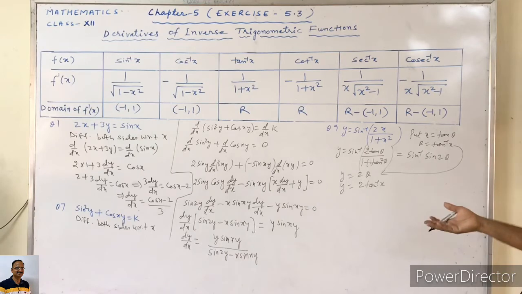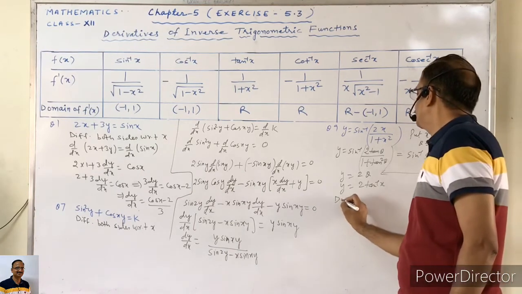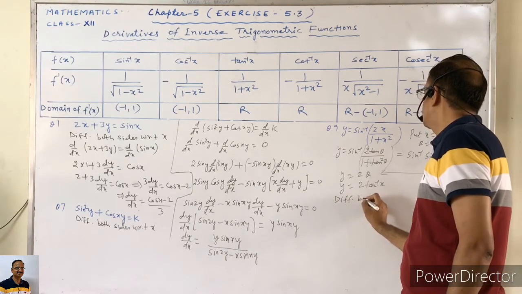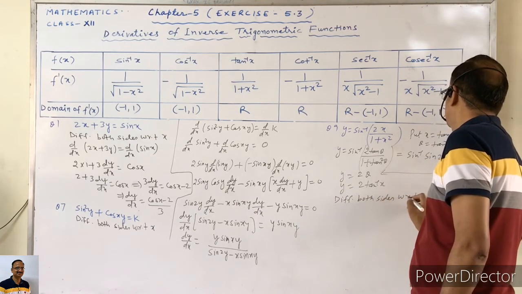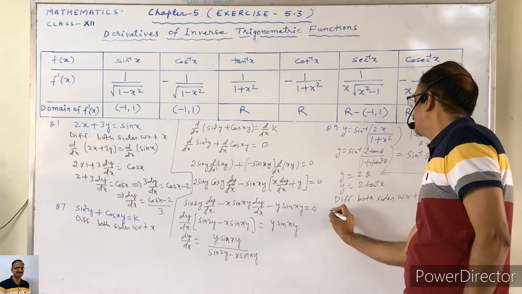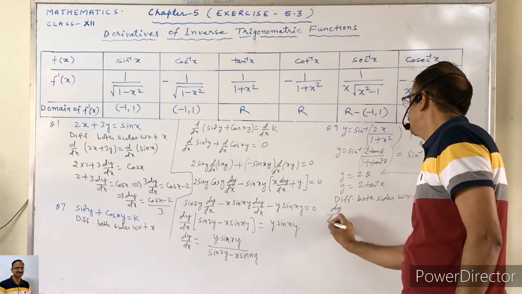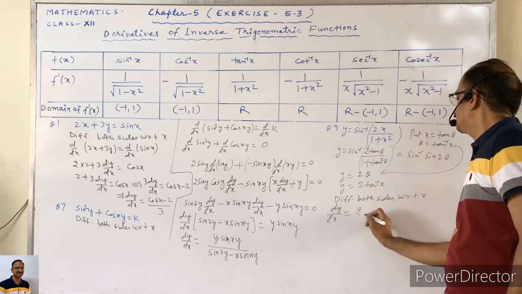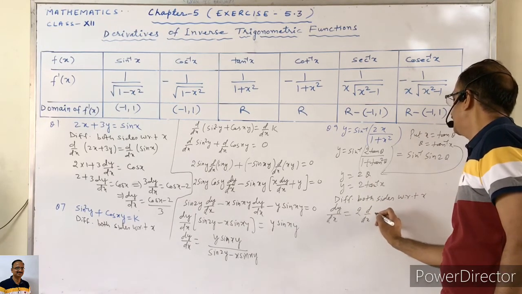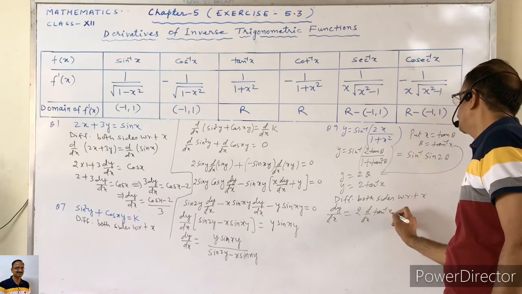अब इसका derivative करेंगे. So differentiating both sides with respect to x. So this is dy by dx, and this 2 is constant, and the derivative of tan inverse x.